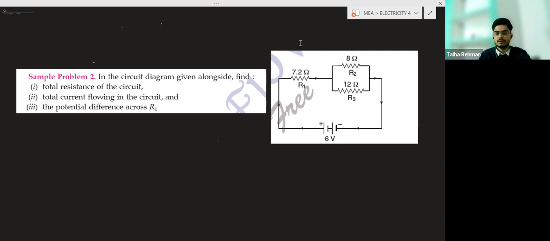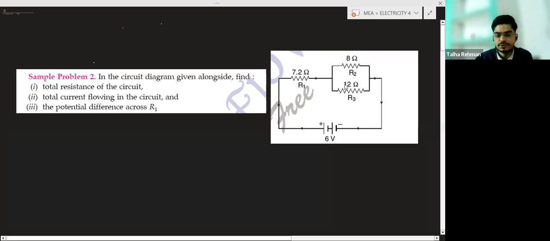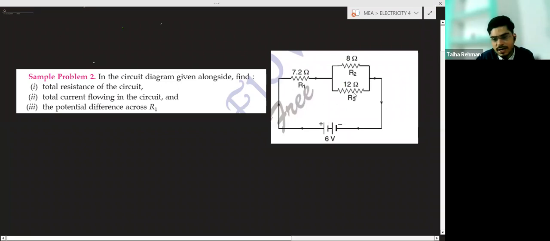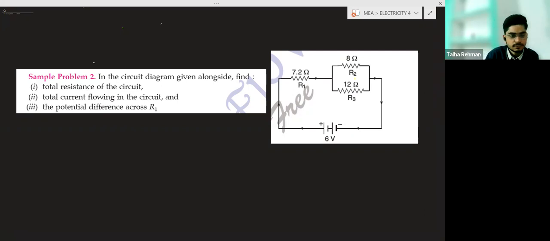So this is R1, R2 and R3. You can solve very easily. You can say that R3 and R2 are connected in parallel.